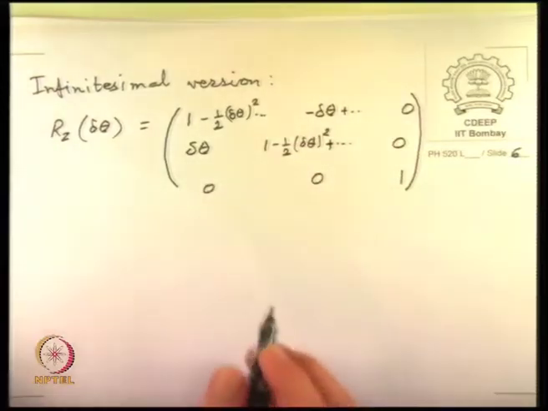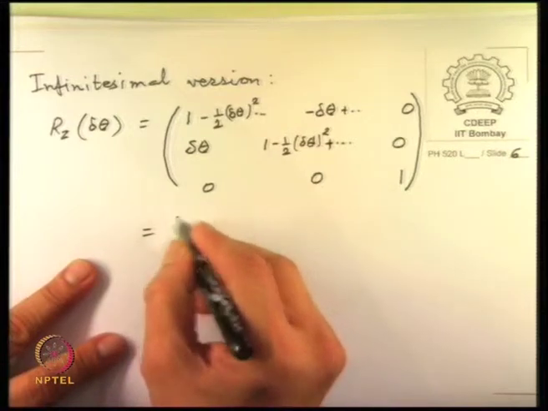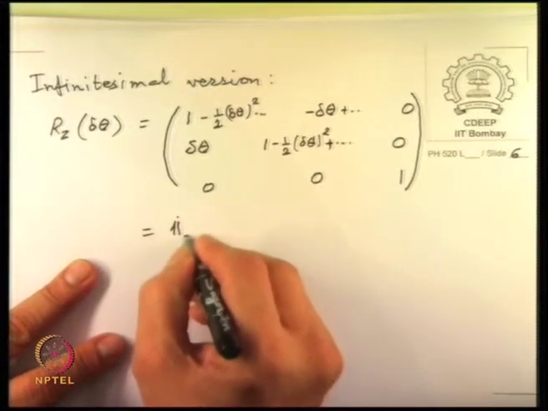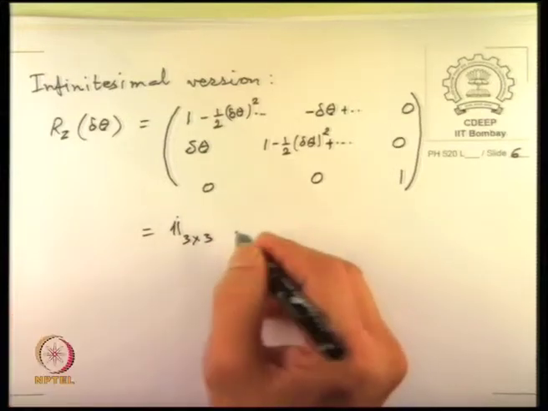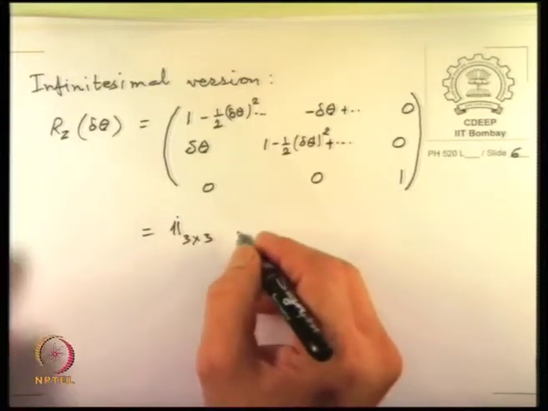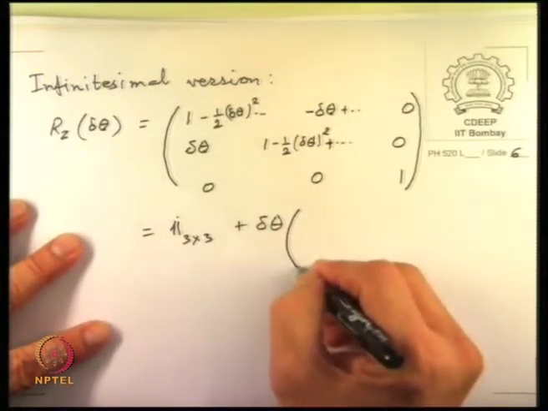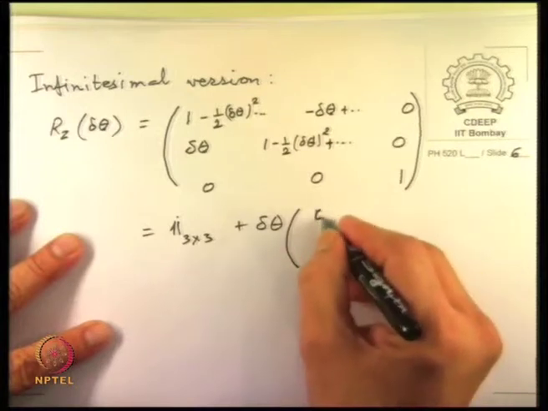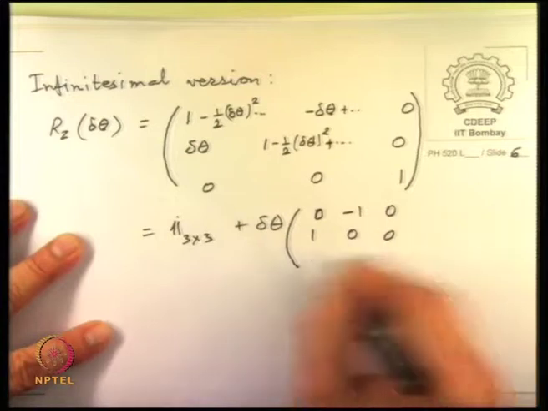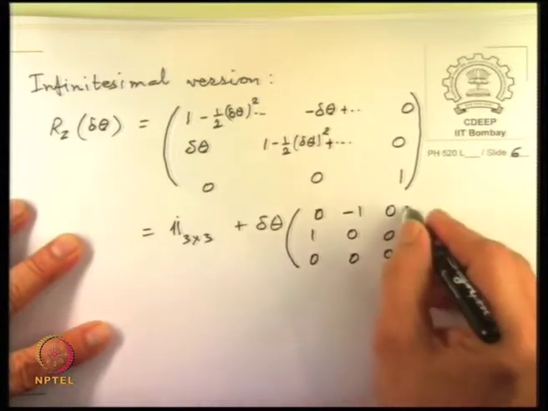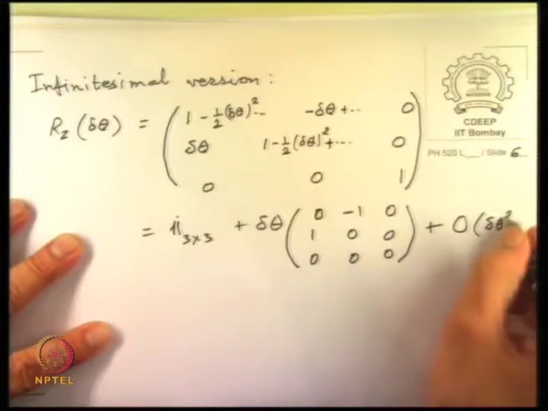So, if we ignore the quadratic things, then it is the 3 by 3 identity matrix, plus delta theta times the matrix 1 0 minus 1, 1 0 0, 0 0 0, 0 0 plus order delta theta squared, which we are going to ignore.